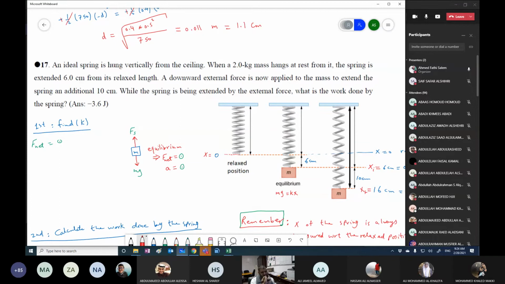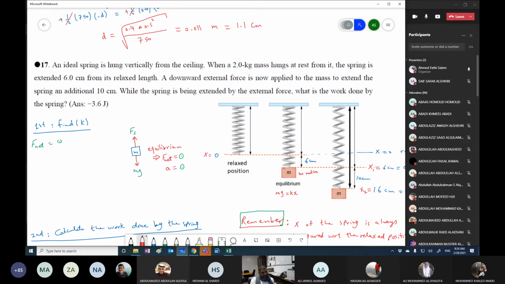Then we brought a mass m and we attached it to this spring and it will be hanging. The spring will extend by 6 centimeters. It got stretched by 6 centimeters. Why? Because of the weight of this mass. Can you picture it? It will be in equilibrium. No motion. It will stop and settle.